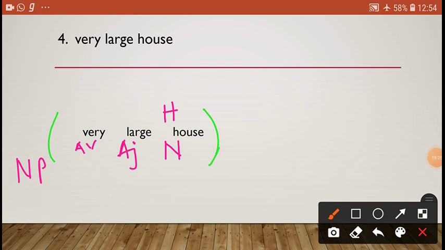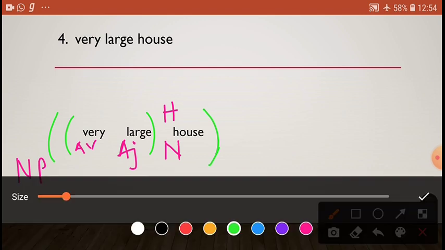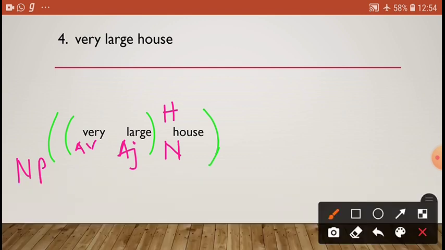And the phrase is an adjective phrase, because in very large we are talking about large. So, this is a separate phrase that is part of this noun phrase. And what is the form of this phrase? Adjective phrase, AJP, capital AJP. So, we will write it like this.